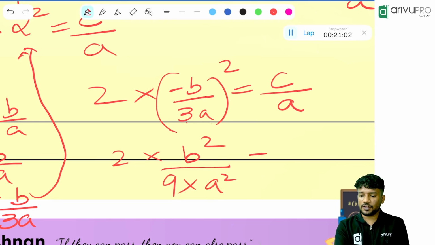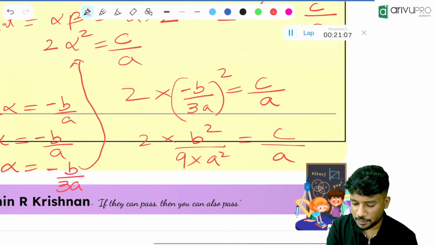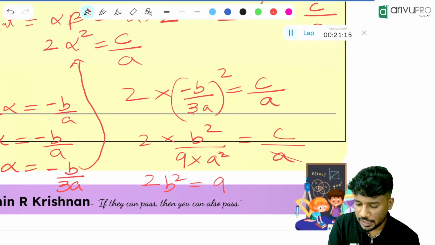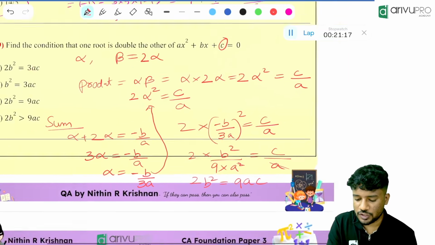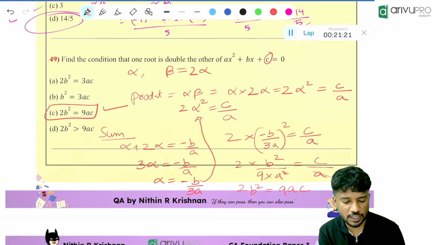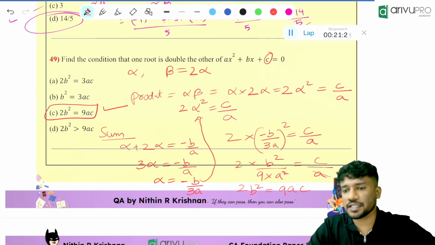A square itself, which is equal to c divided by a. Now people cross multiply and get me the answer. Now a and one of the a got cancelled. So 2b square is equal to how much? 9ac. Which option is giving you that? 2b square is equal to 9ac. Which option is giving you that? Option C is giving you that.